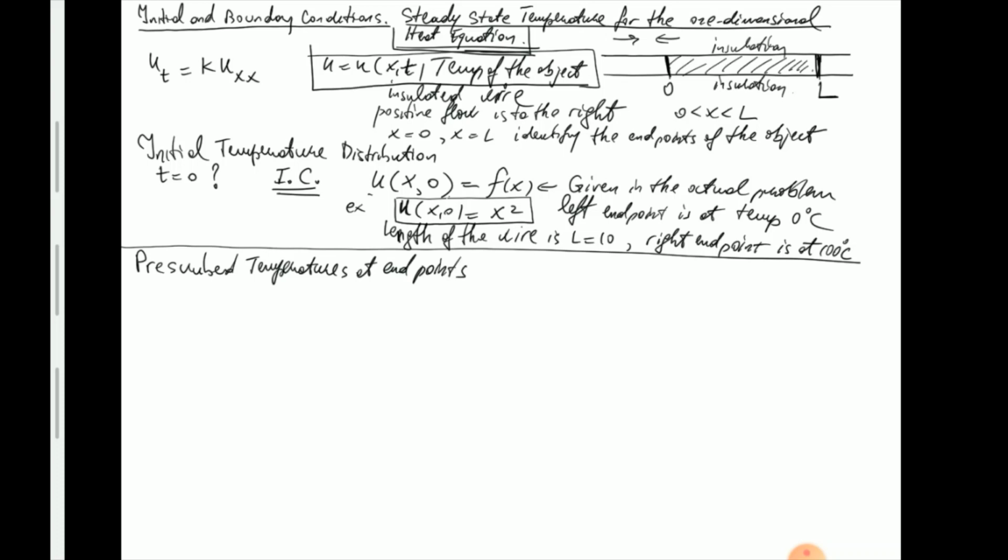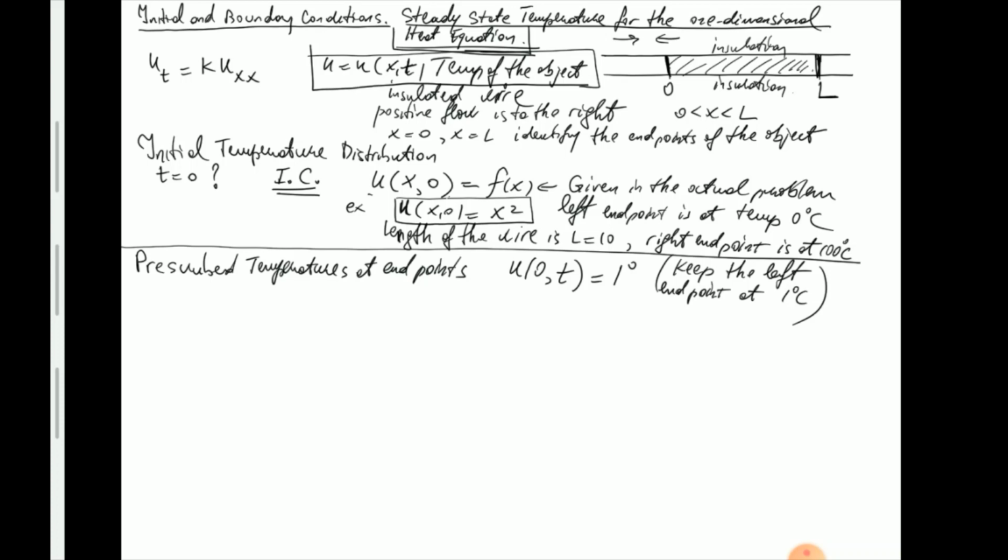So for instance, you could say, I want to keep the temperature at the left endpoint at 1 degree. So this is the translation for: keep the left endpoint at 1 degree Celsius.